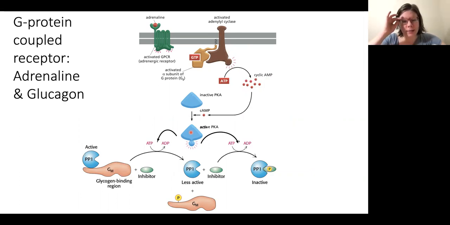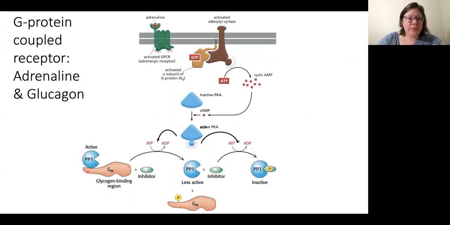In this case, I want to talk about protein phosphatase 1. You might recall that protein phosphatase 1 is important for inactivating phosphorylase and, yes, activating glycogen synthase. So when it's active, we're going to be promoting glycogen synthesis.